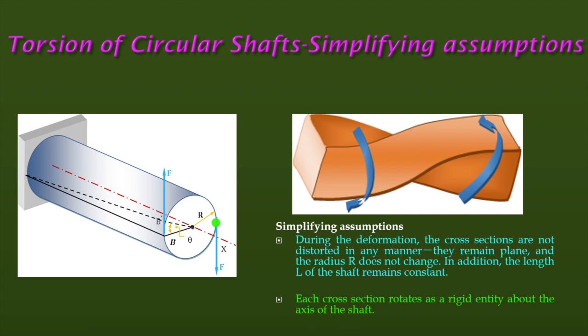Now, for simplicity, we'll go through some assumptions. What are the assumptions? Under the action of the torque, this cross section will remain unchanged, remain the same. There is no change of shape of this cross section, meaning it is circular, and finally after deformation also it is circular.